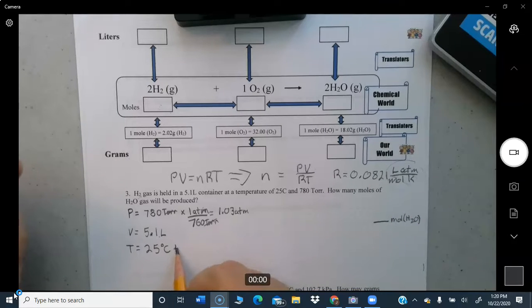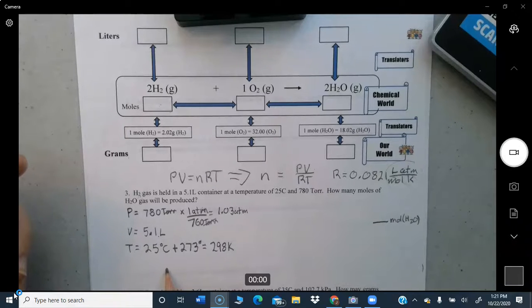So that's going to be 25 plus 273. And this is a pretty common temperature you'll see in these problems. It's 298. So get used to seeing this 298. And that's Kelvin. Alright, so now we're going to plug in the numbers down here. n equals pressure.